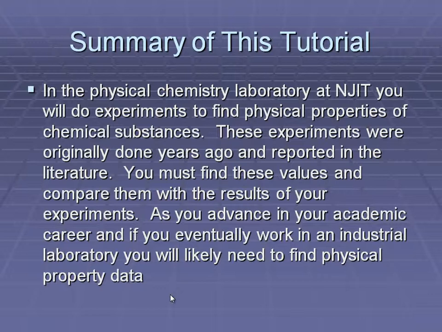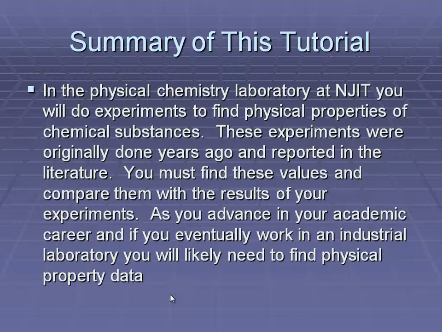So, a summary of this little tutorial: the reason we're doing it is that you're in the laboratory at NJIT working with chemical substances, and you want to verify that the chemical substance you have is the one you think you have. The experiments that you're doing in the lab today were done many years ago, so that information has been documented in the literature.